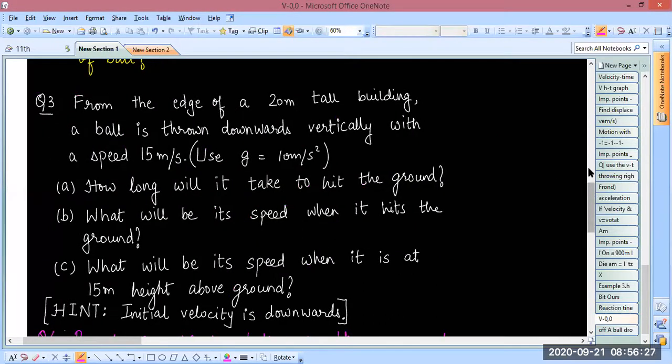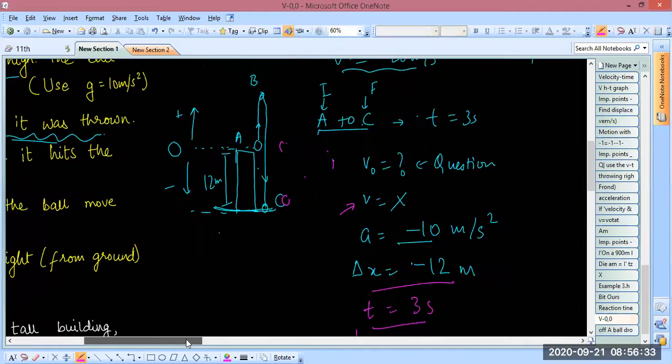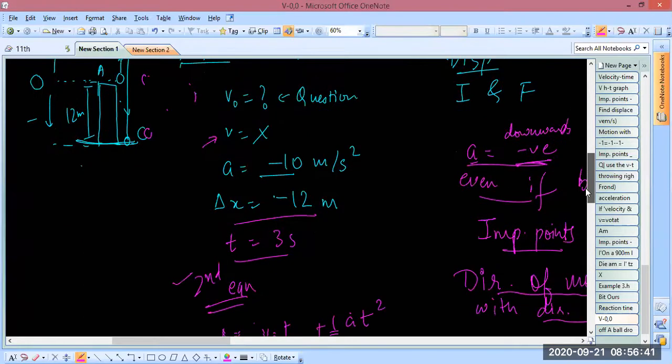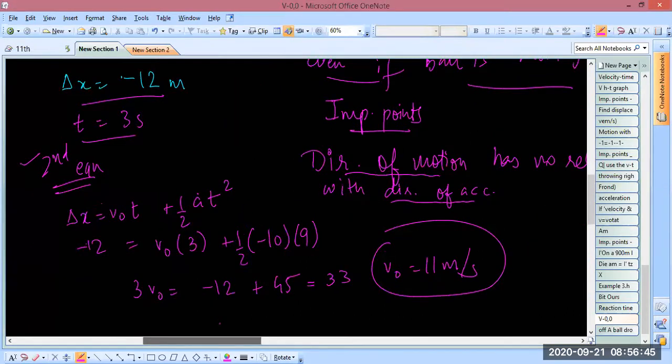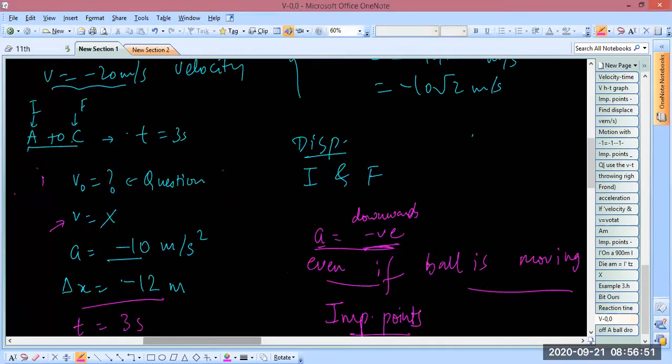Let's go to part B. Find the speed with which it hits the ground. So now we have to find the speed at which point? Please remember that when you draw the diagram, you also write these points.